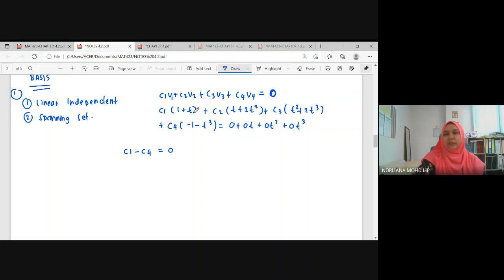Second equation is for degree 1. So c1 ada, c1 t lah kan. Plus c2 t plus, c3 tak ada. c4 pun tak ada. So equal to 0.